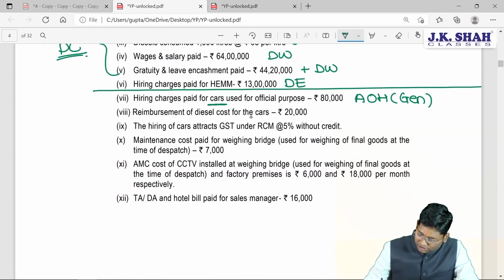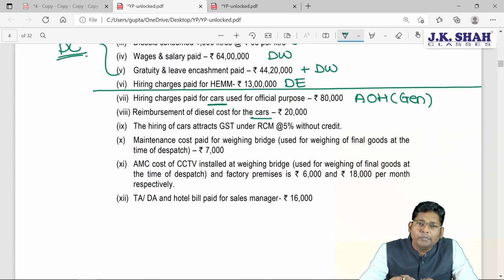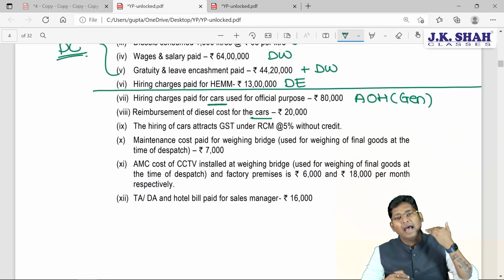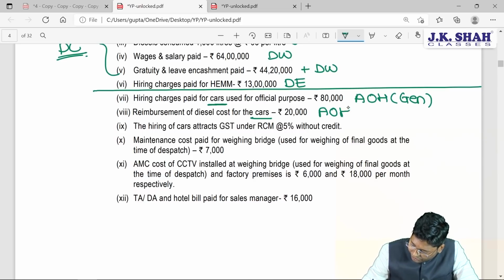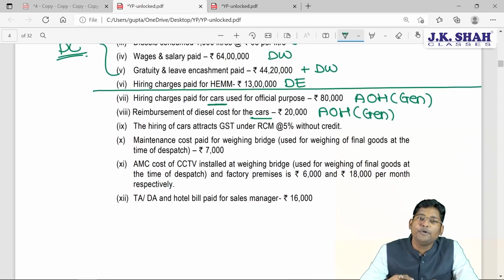Reimbursement of diesel cost for the car: if any personnel of your company is using his own car, then he will claim reimbursement of diesel charges, and the company has paid this 20,000 amount towards reimbursement of diesel cost. So it is also administration overhead, incurred for general administrative purposes.